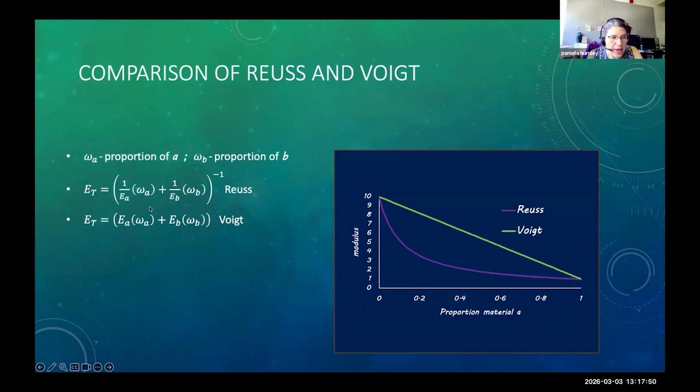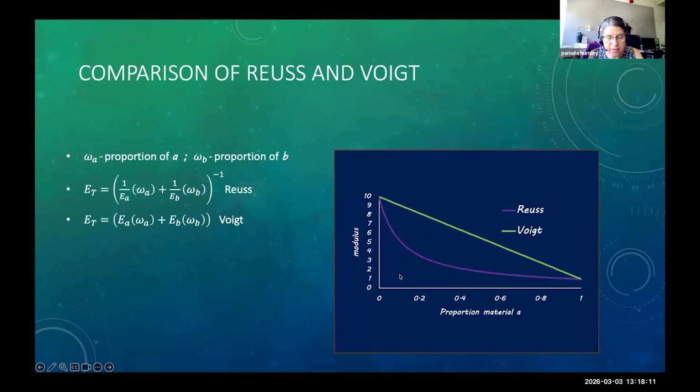If you look at the way the moduli are formulated for the Reuss and the Voigt assumptions, you see that you get quite different answers as a function of what the mixture of the material is, right? So this line up here is the Voigt assumption, and this is the Reuss assumption.